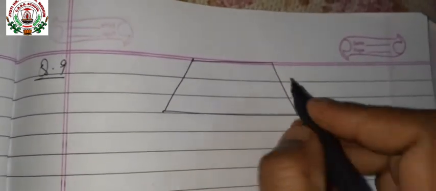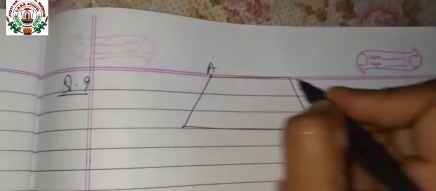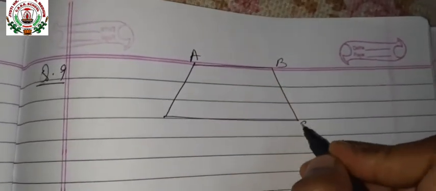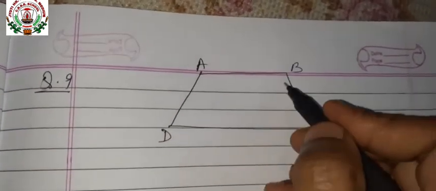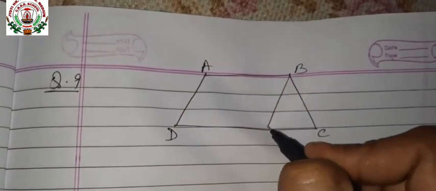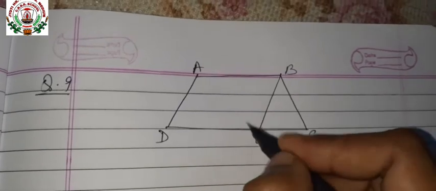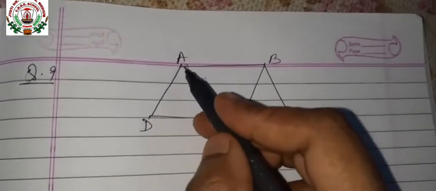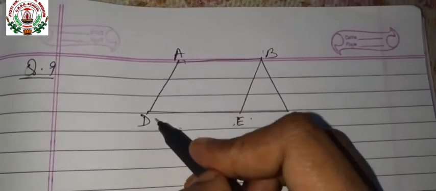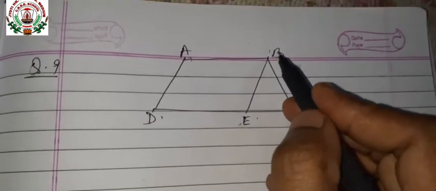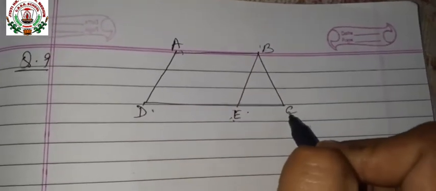Now trapezium name is A, B, C and D. Draw a line BE parallel to AD. That means now ABED became a parallelogram and BEC became a triangle.